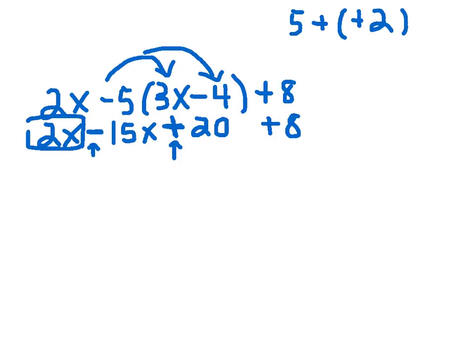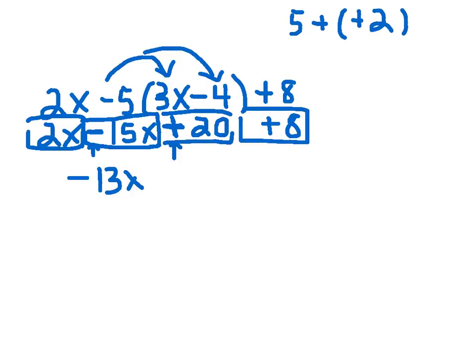Remember that I want a box, and I want to include the sign in front of the number. So I'm combining positive 2x and negative 15x, and that gives me negative 13x. And then I'm combining positive 20 and positive 8, and that gives me positive 28. Now, at the end of the problem, it will say to evaluate that if, for example, x equals, let's make it easy, negative 2.